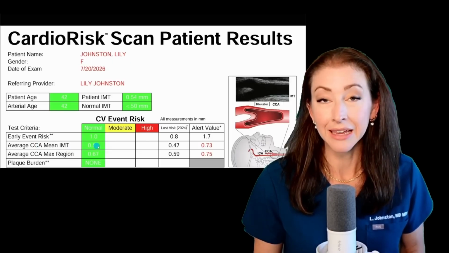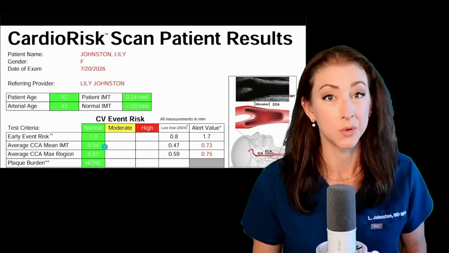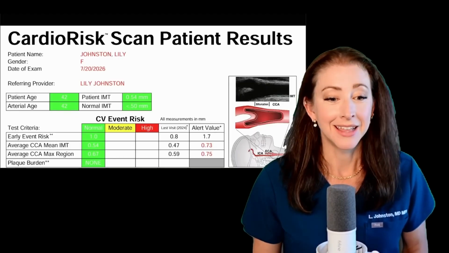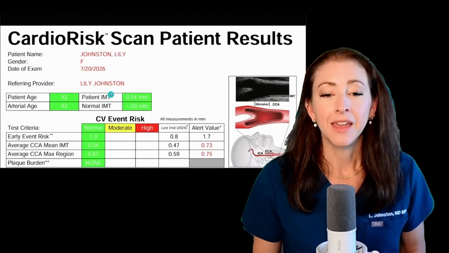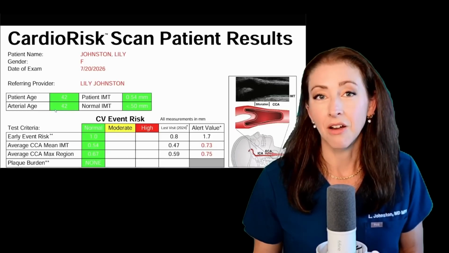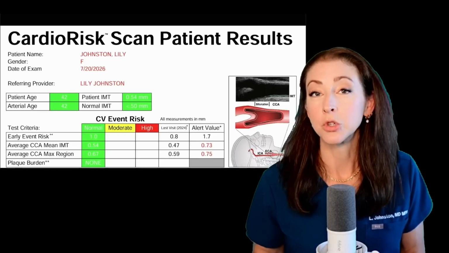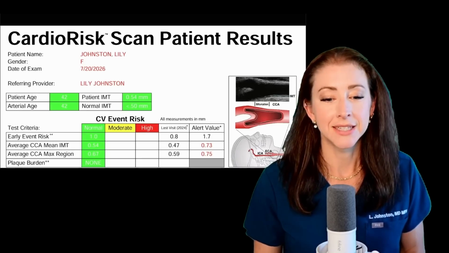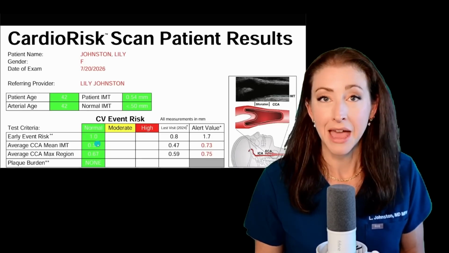So this is the IMT number that came from those 600 measurements we talked about from those pictures, okay? That's the same as patient IMT, and the way that this converts into arterial age is based on population norms. I will show you that graph in a couple of minutes here, but just suffice it to say that this is really the number that matters.